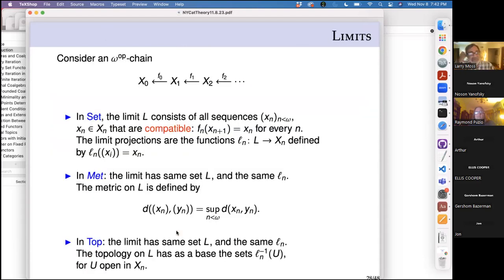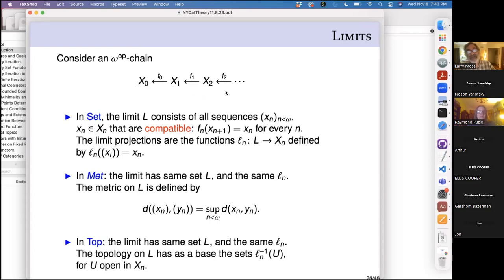So now I'm going to tell you a little bit about how all this works. Let me just remind you how limits work in sets and metric spaces and topological spaces. If you're given a chain of sets and functions, like x0 and then a function from some set x1 into it, and so on, the limit in the category of sets is the set of sequences you get by picking out a point in each capital X. So it's the set of sequences little xn that belong to the corresponding set big Xn and that work well with the functions.